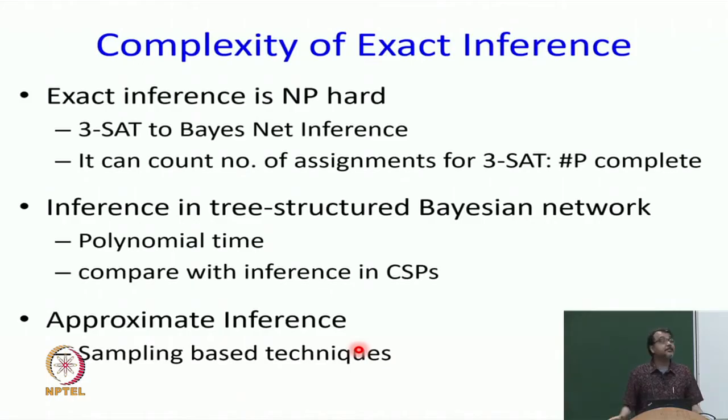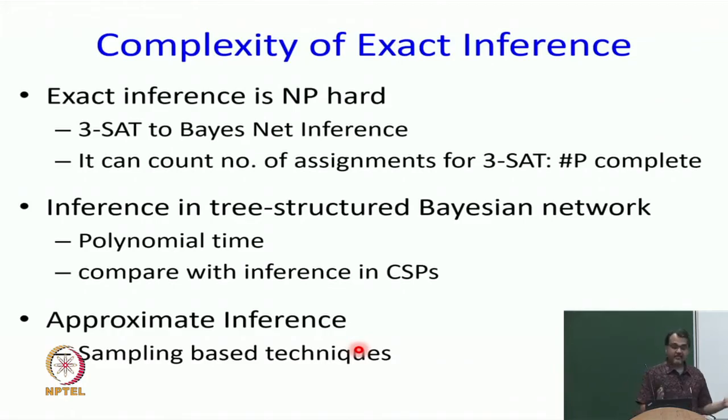SAT is an NP complete problem, but the model counting problem is what is called sharp P complete. Sharp P means counting the number of solutions of the NP complete problem. So, unless all this hierarchy collapses, Bayes net inference is in a more advanced complexity class than NP. It is sharp P. So, Bayes net always has more information than SAT.